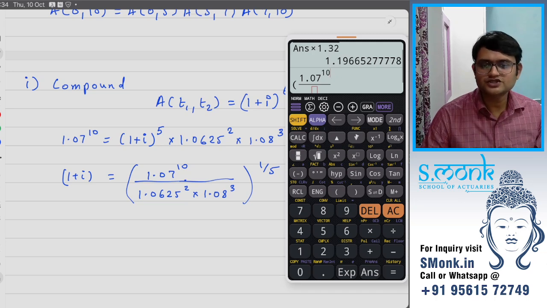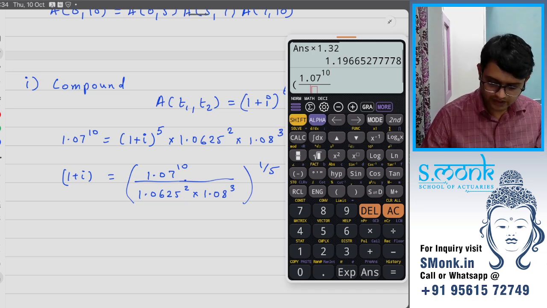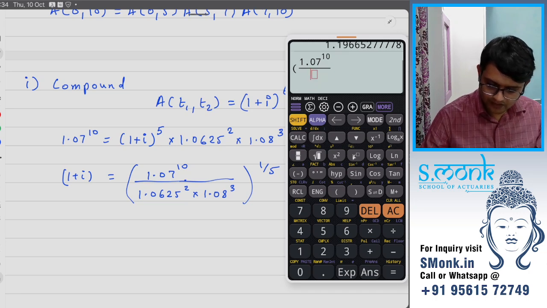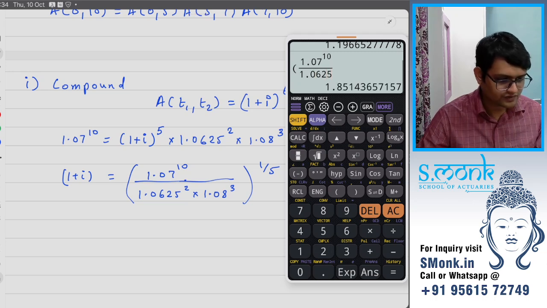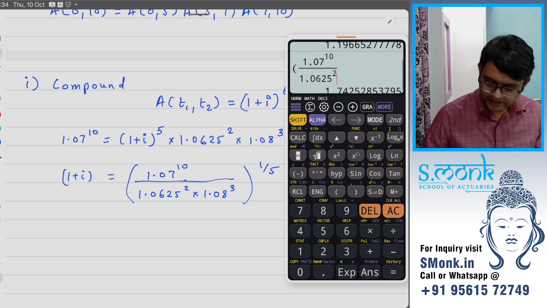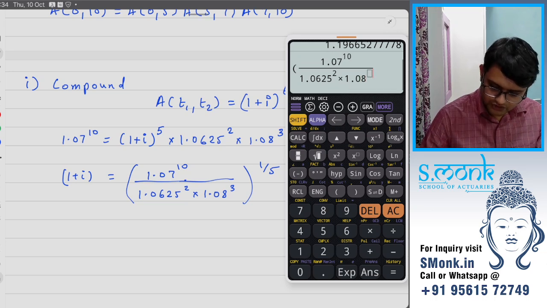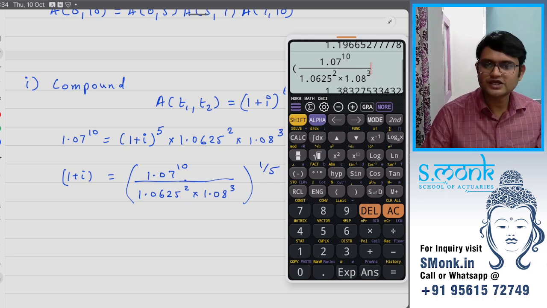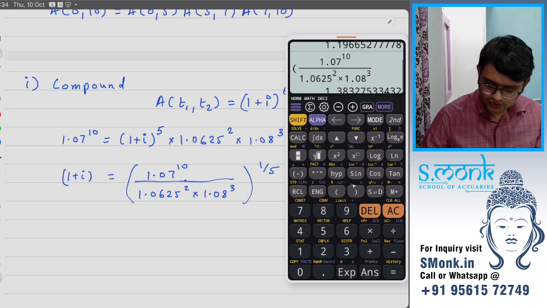Then I'll use the navigation keys to come down, the down arrow. And I'll have 1.0625 raised to 2, then the side arrow to get it on the side, into 1.08 raised to 3. Then by arrows I'll come on the side, close the brackets, and then raised to 1 by 5, I'll just write 1 divided by 5.